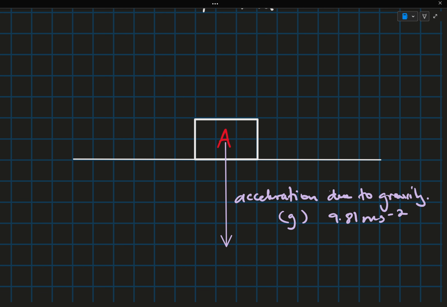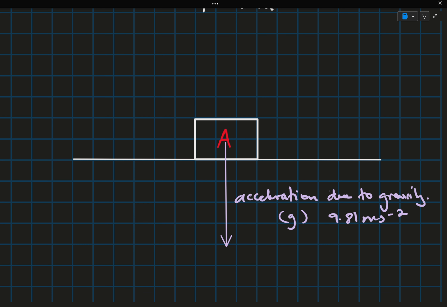Reaction force upwards. That's a lovely response. So if an object is resting on the table, and gravity is pulling it down towards the table, with some acceleration of the mass of the object, literally force is equal to ma of that box acting downwards. Remember Newton's third law: every action has an equal and opposite reaction.